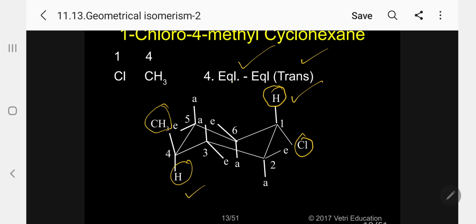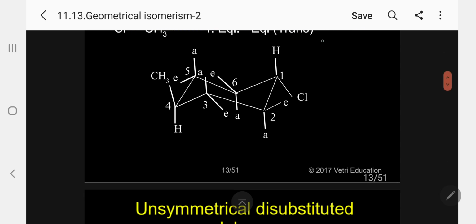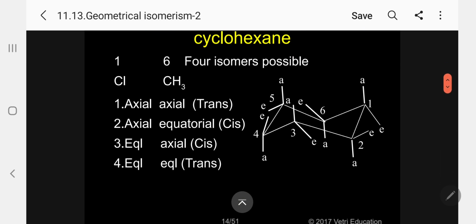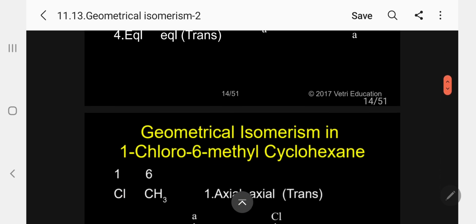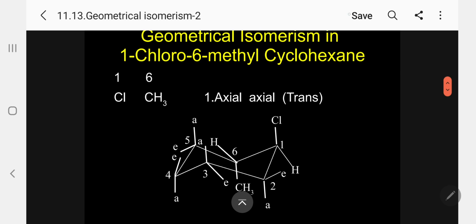Please follow. So 1, 2 and 1, 4 are identical. Same way 1, 6 also. There are 4 isomers possible. Let me take the first case. This is 1 chlorine axial and 6.